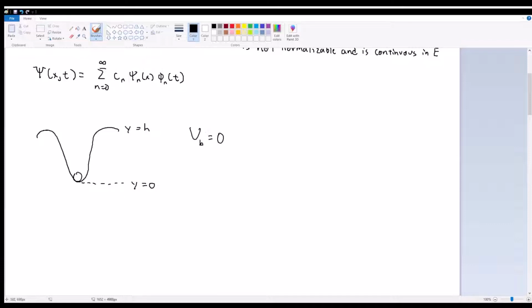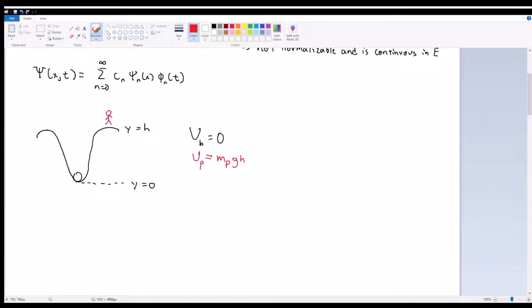In contrast, if I had a person up here at the crest of this hill, then the energy of the person, well, he's stationary, so he has no kinetic energy, but he has some gravitational energy, and that's going to equal m of the person times g times h.